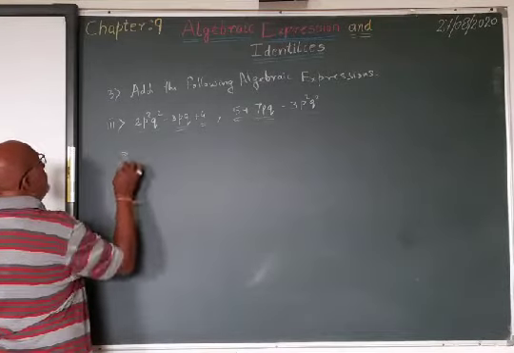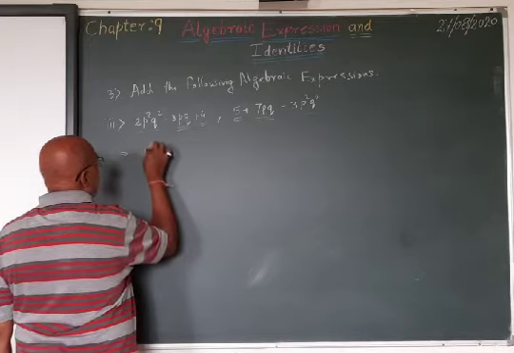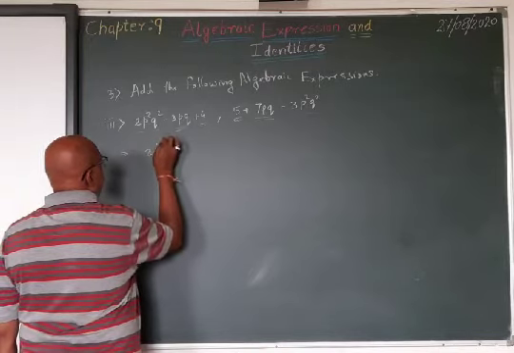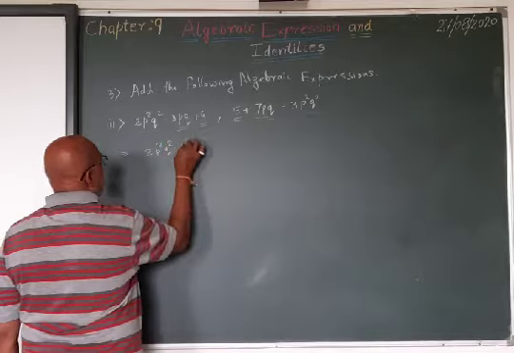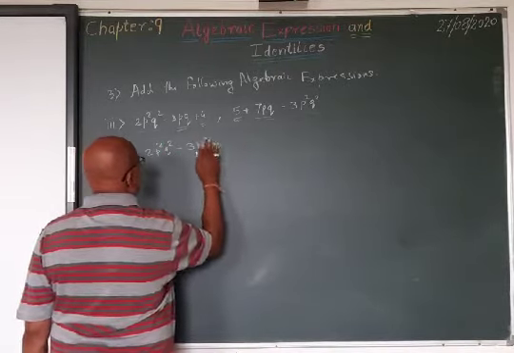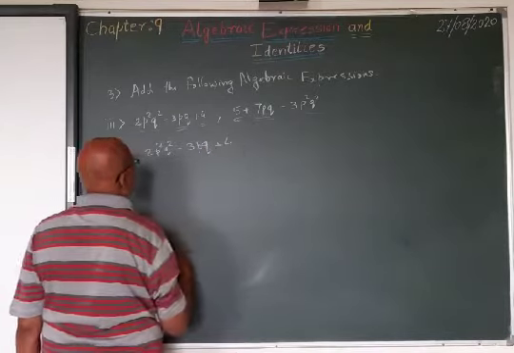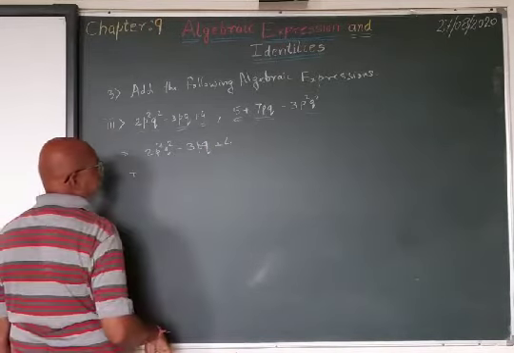So for addition, what we have to write here is 2p square q square minus 3pq plus 4, plus.